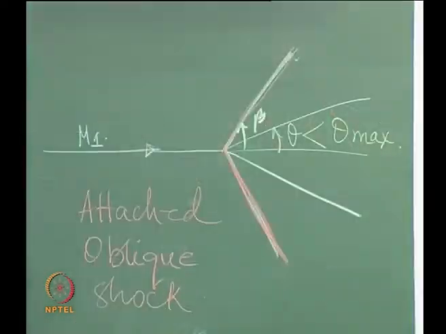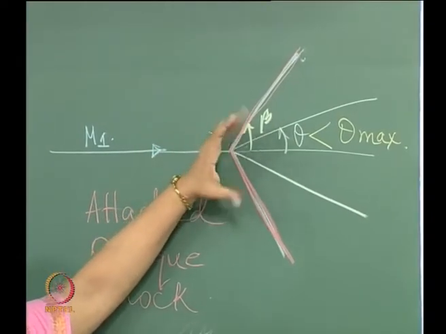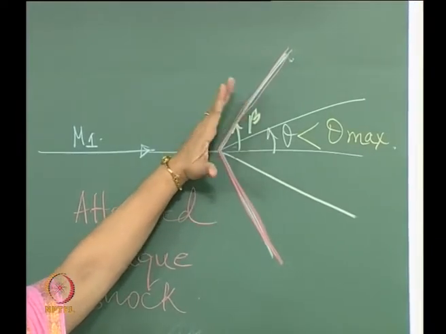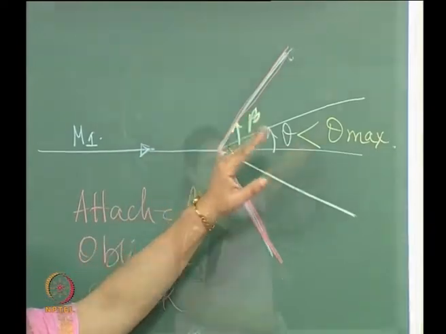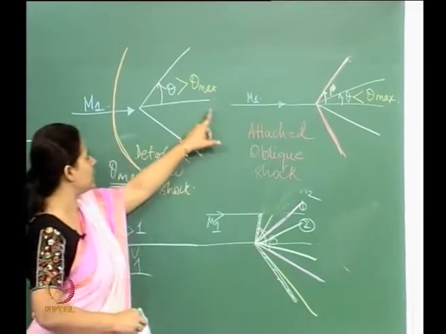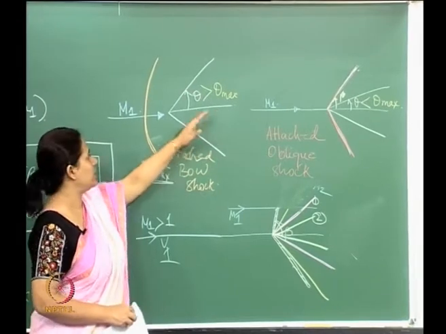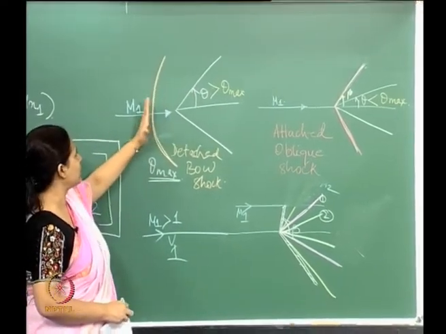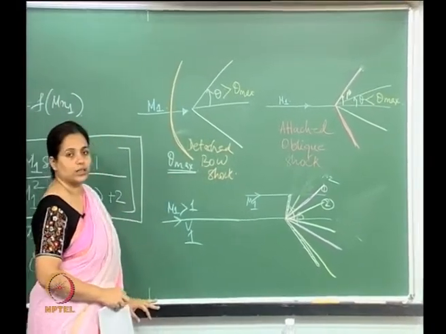This is my beta. The body tries to move the shock away from itself. The more you increase it, the larger the angle the oblique shock makes, and finally when theta is larger than the maximum value, it pushes the shock farther from itself. It detaches and lands up out here, so this becomes a detached bow shock.